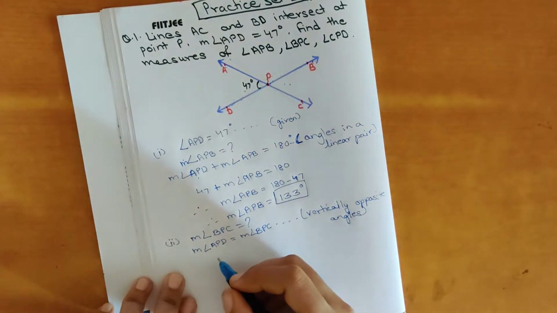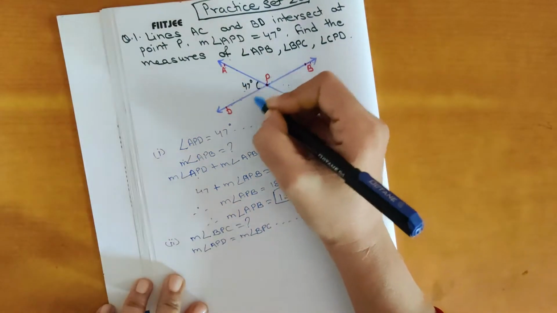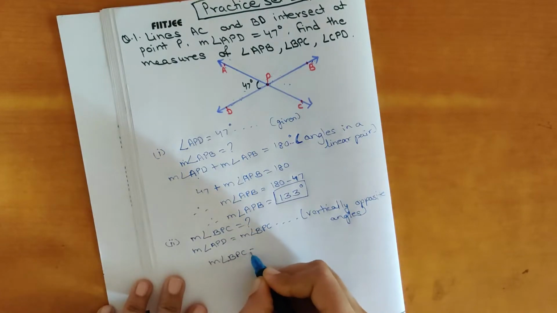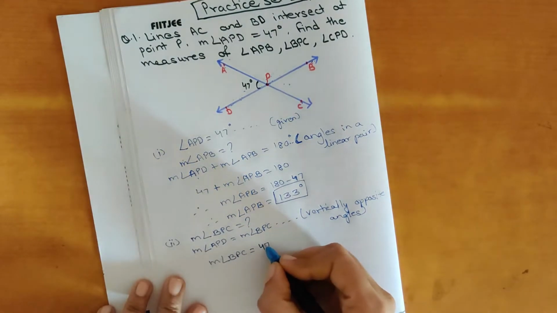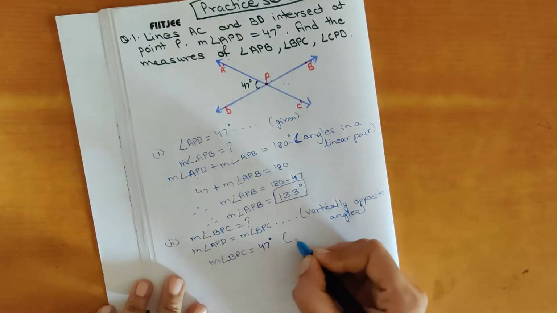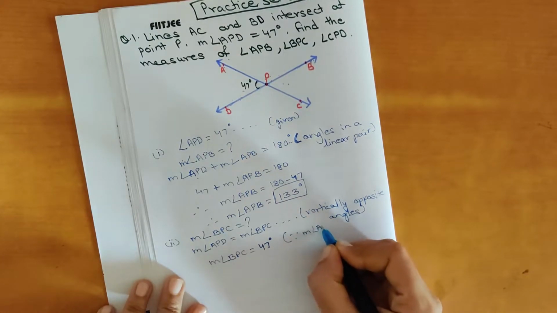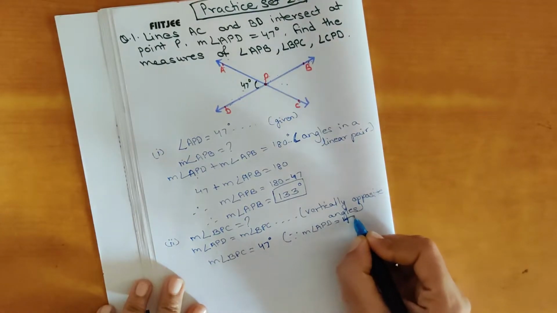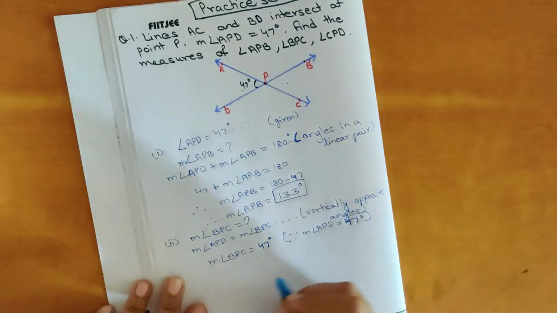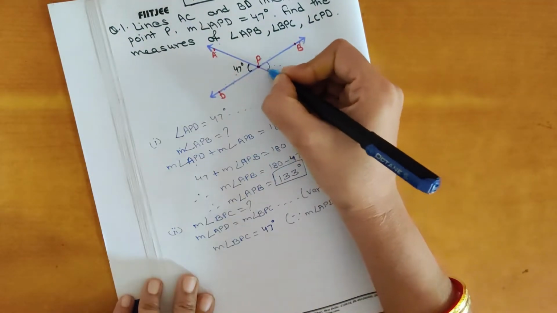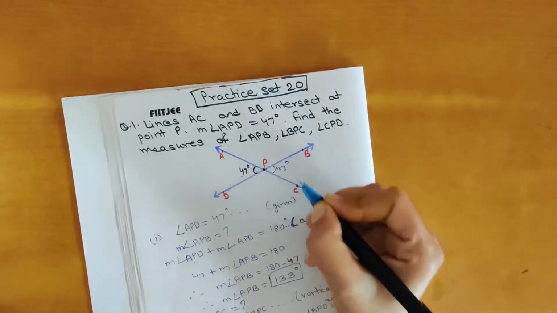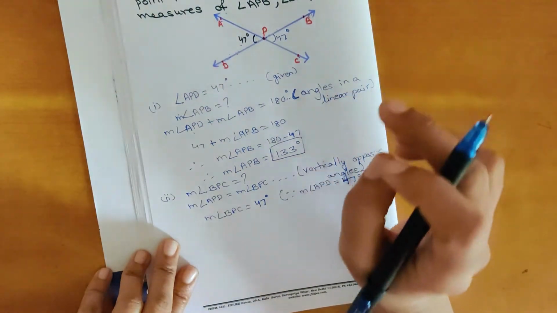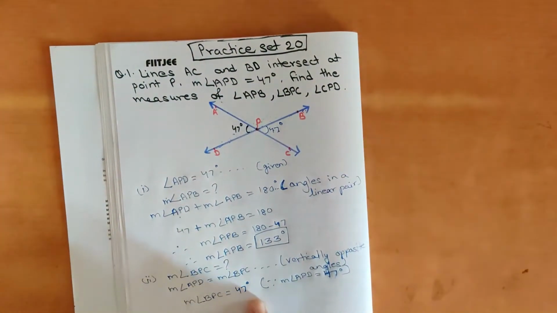So measure of angle APD is given as 47 degrees, so measure of angle BPC is equal to 47 degrees. So we got 47 degrees for angle BPC.